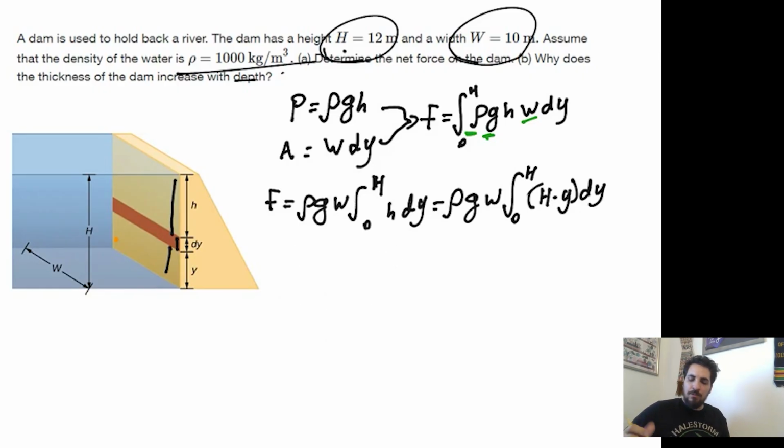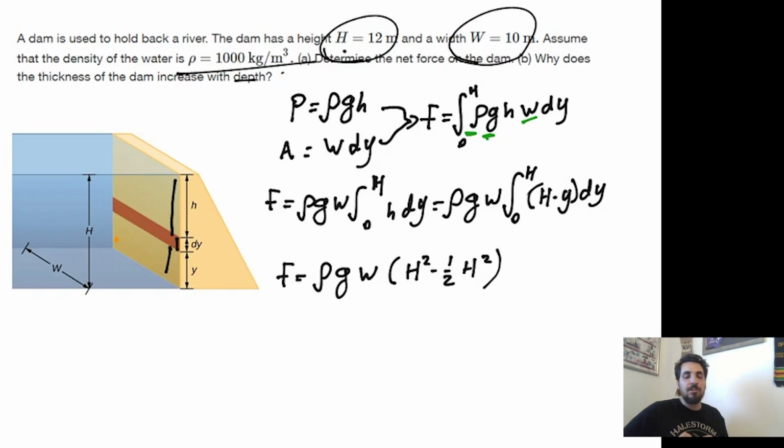And when we do this, we suddenly have an integral that is solvable. And we solve this integral, and we find that the force is equal to the density times acceleration due to gravity times the width of our dam, multiplied by H squared minus 1/2 H squared, where H again is the total height of the dam.